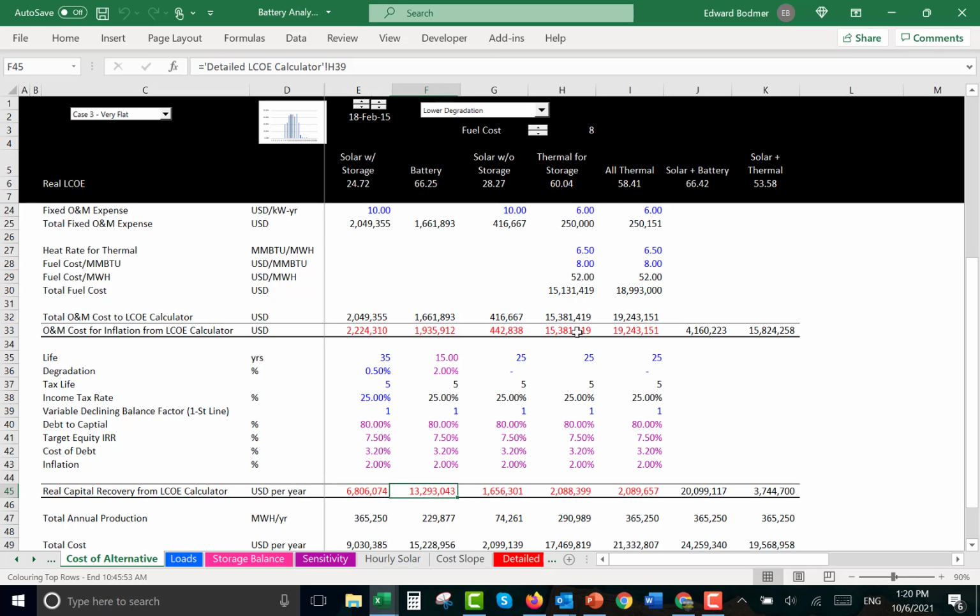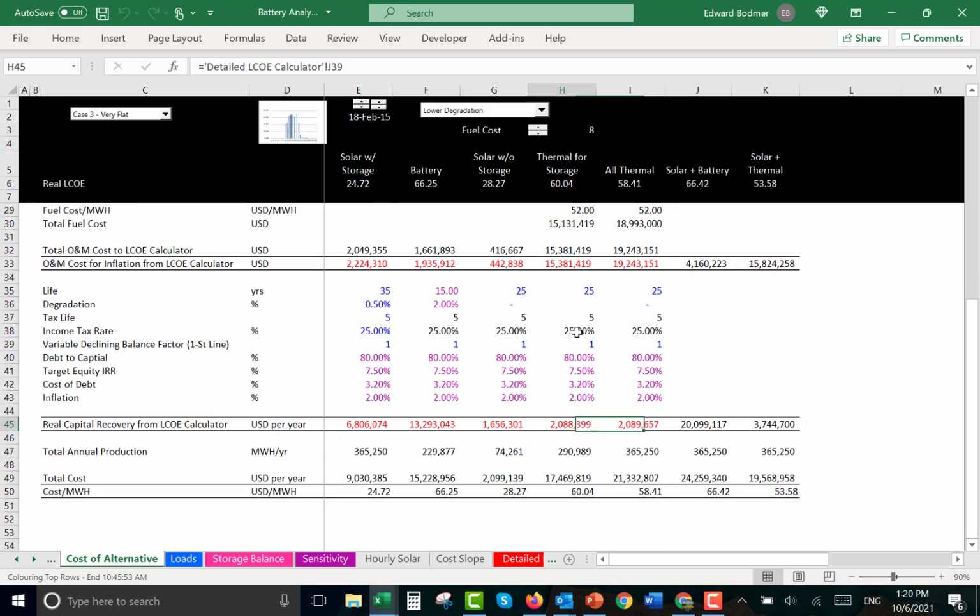And now we can do it with different lives. We could even put different tax rates in and different depreciation factors in, but we get the result out. And this is what I'm doing. And then we can take the total amount of our production per year. Since these costs are per year, we better get our production per year, and then we get our various different outputs.